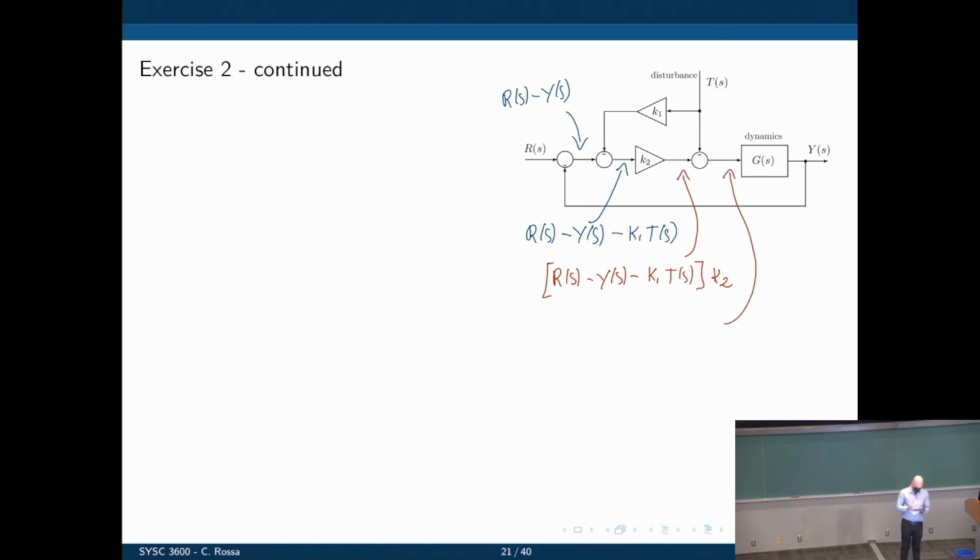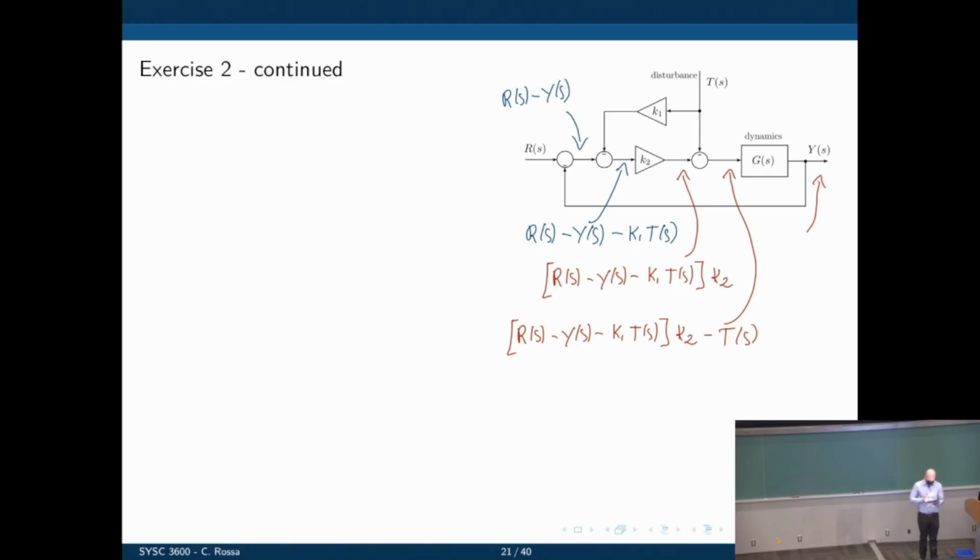What is the signal right there? Well, it's the same signal we had, but now we are subtracting T of S from it. You know what the signal past the block is?